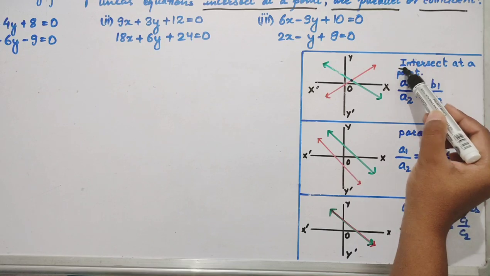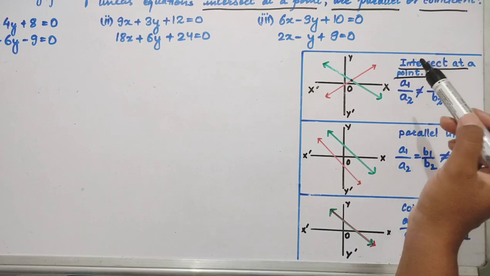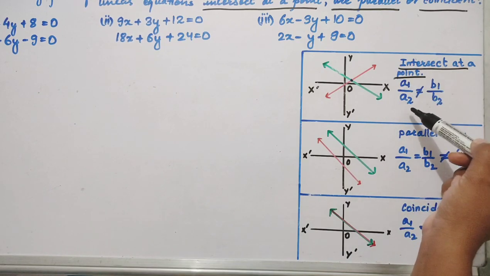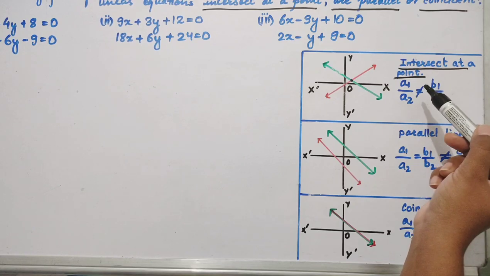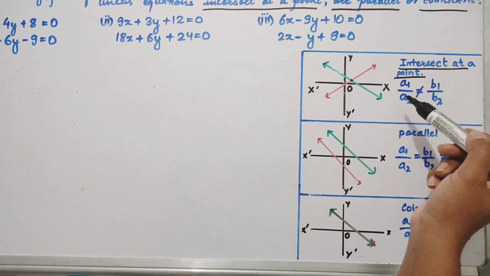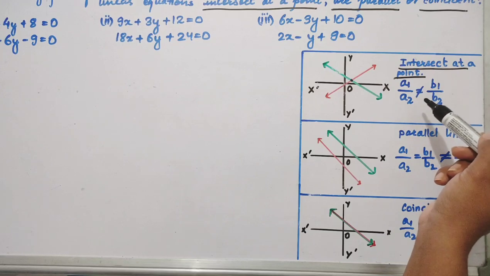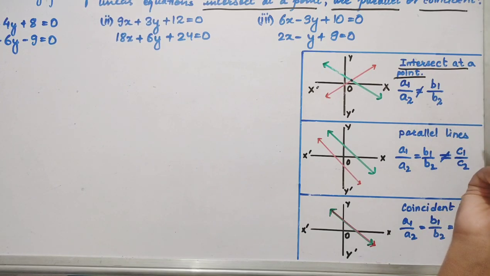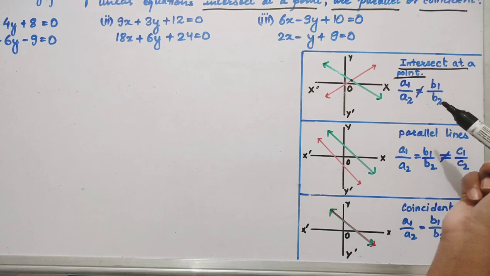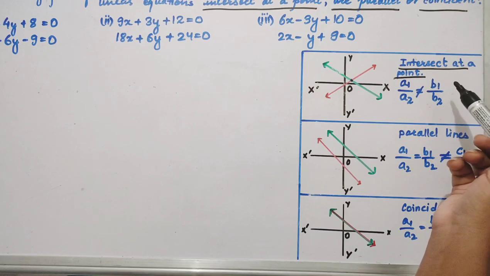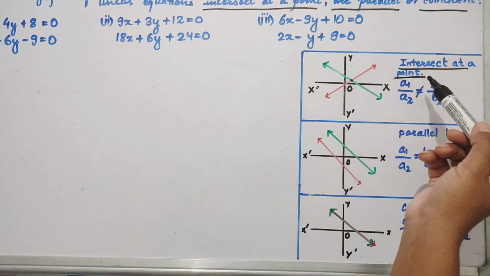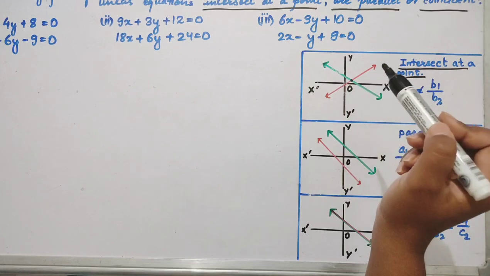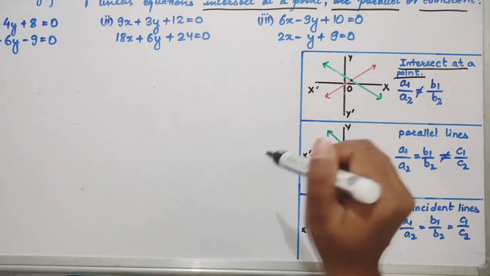That means they intersect at a point, and the condition for that is a1 by a2 is not equals to b1 by b2. The ratio of coefficient of x and the ratio of coefficient of y is not equal. We don't have to go to c1 by c2. Since a1 by a2 is not equals to b1 by b2, we can directly conclude that the lines intersect at a point, and it has one unique solution.